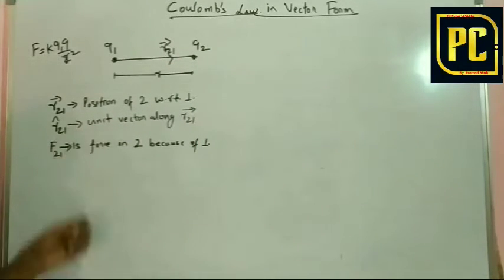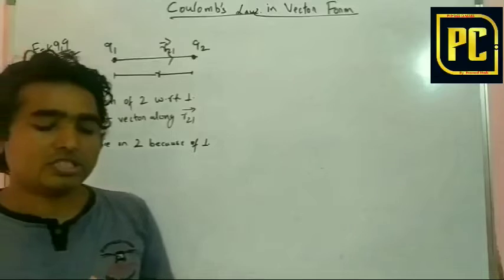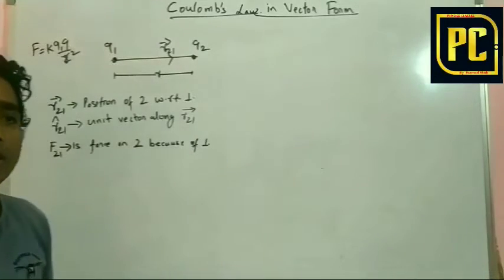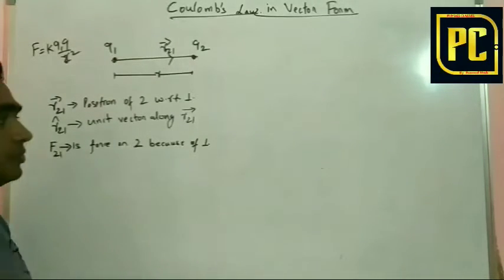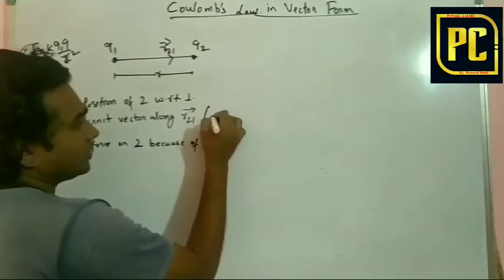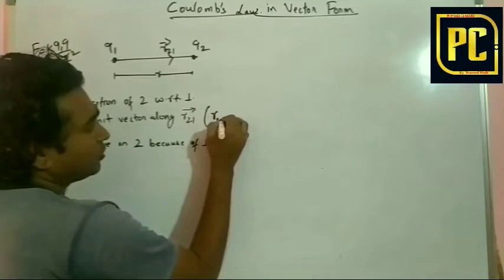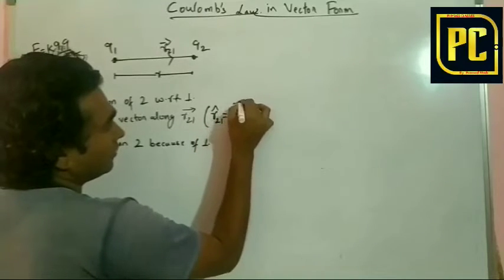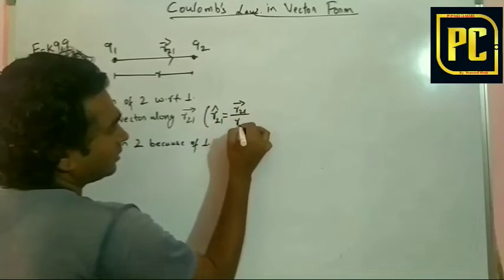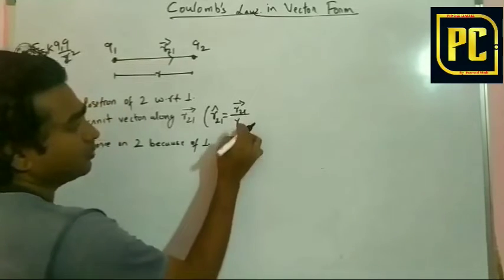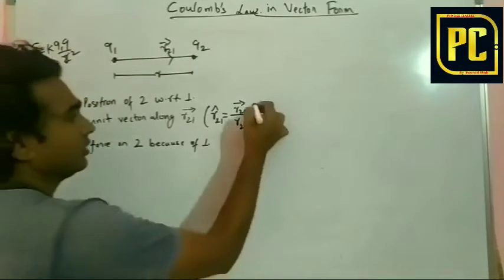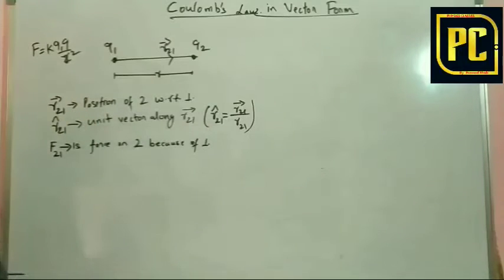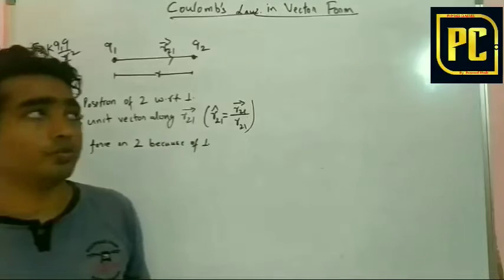And R21 cap is a unit vector. You might have studied this in class 11. What is a unit vector? In mathematical form, I can write R21 cap is your R21 vector by R21, that is the magnitude of this vector. Now what is the force? Force on 2 because of 1.